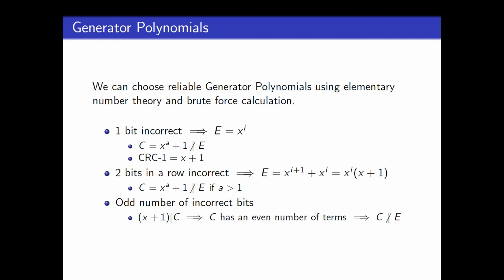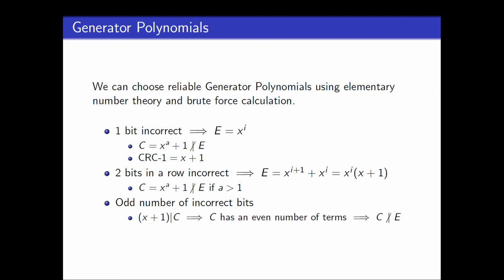Similarly, say that there are 2 bits that are incorrect, then our error polynomial is x to some power plus 1 plus x to that same power. And simplifying that out, we see that there are 2 factors in this error polynomial. One being one that we've already seen, x to the ith power, and then another one, x plus 1.